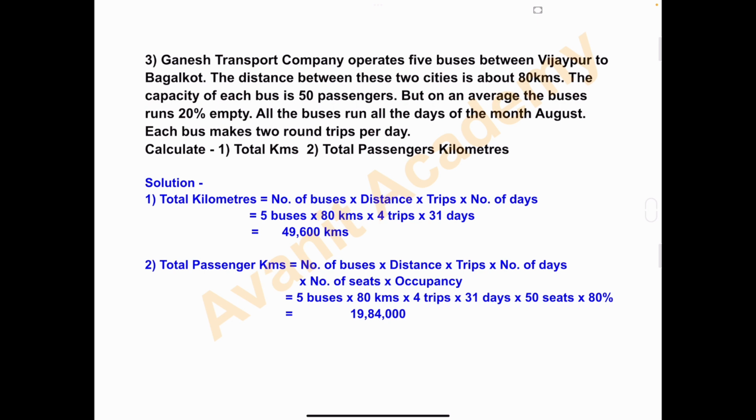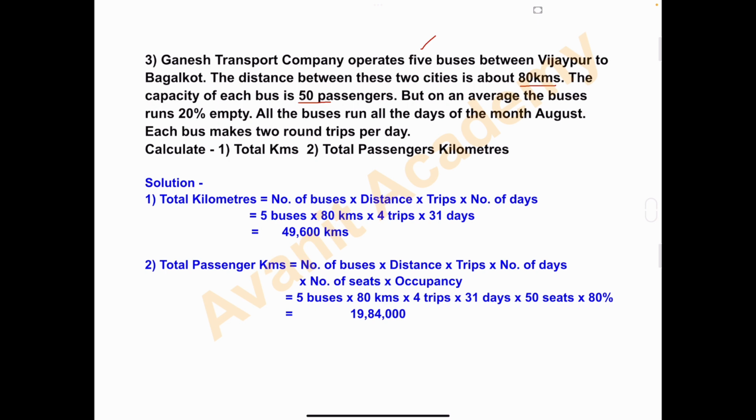The distance between these two cities is about 80 kilometers. The capacity of each bus is 50 passengers. So the number of passengers that can travel in each of the 5 buses is 50.